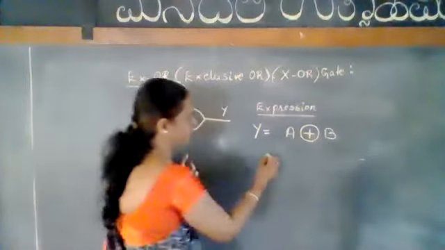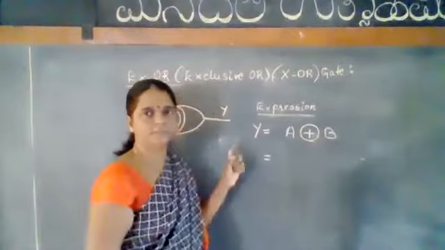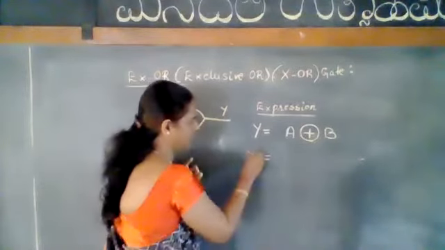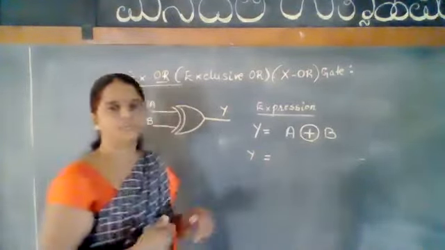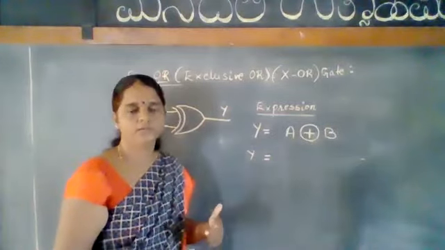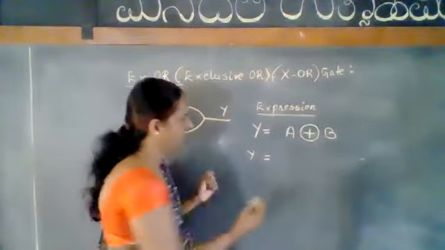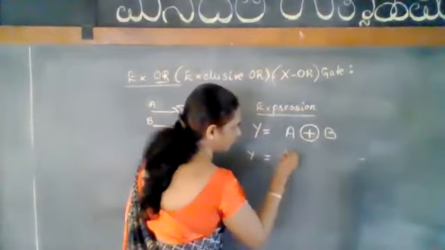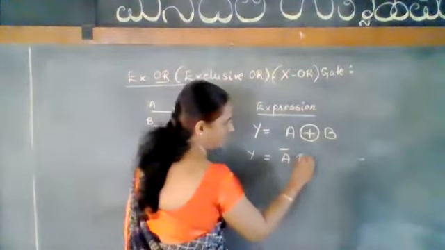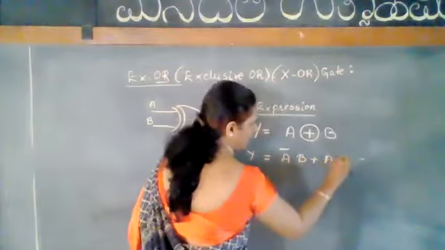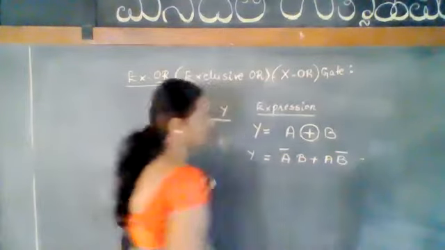Okay. The expression for this is written as, because to perform the Boolean operation or to write the truth table, we take one more expression for this. That is A complement B plus A B complement.